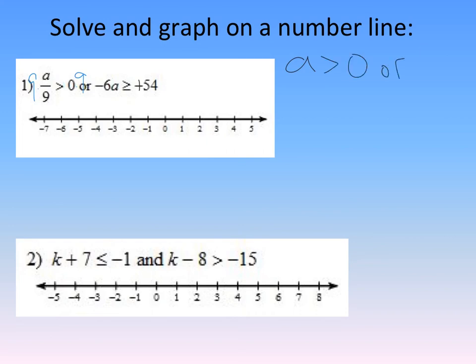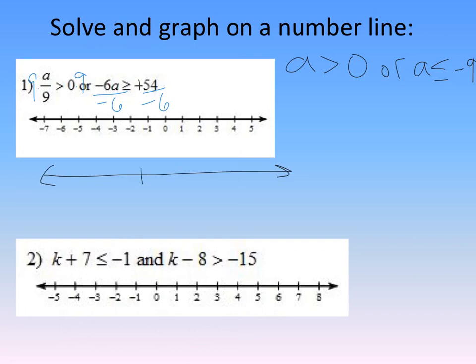Now we got to solve the second one. I'm going to divide by negative 6. When I divide by a negative, it's going to be a is less than or equal to, and positive 54 divided by negative 6 gives me negative 9. Awesome. Alrighty. Let us graph. And this graph doesn't look like it's going to fit that well. So I'm going to do my own graph, okay?